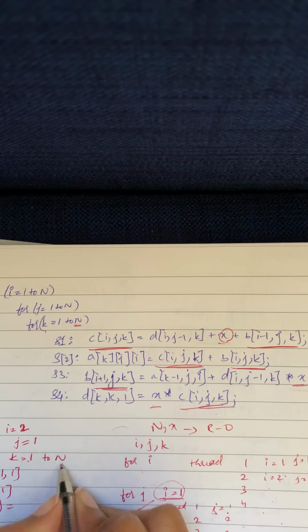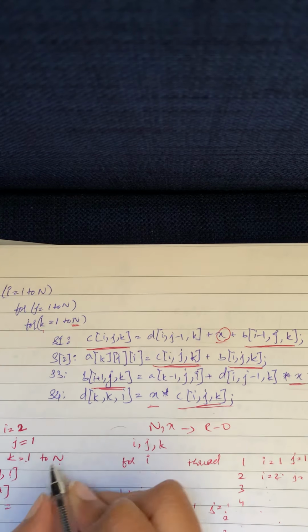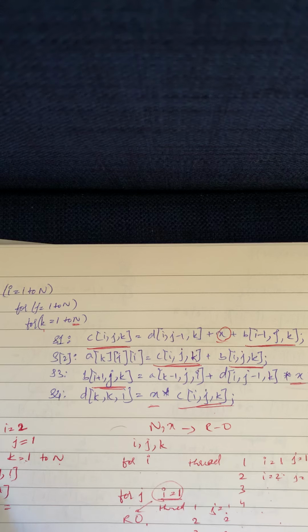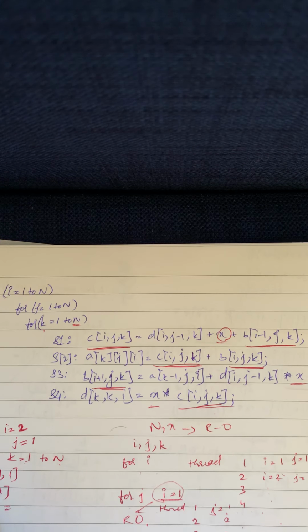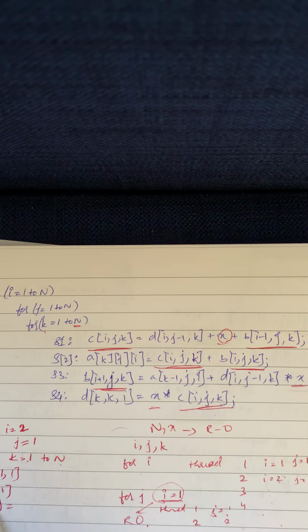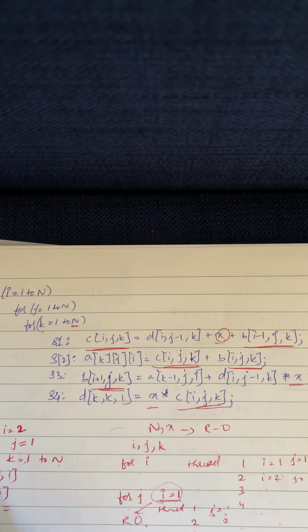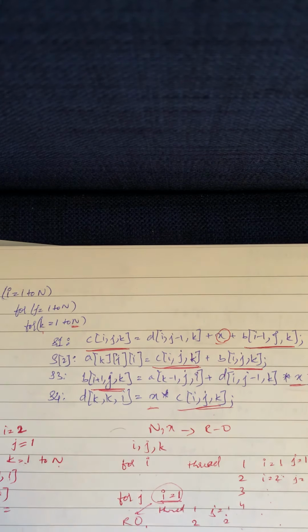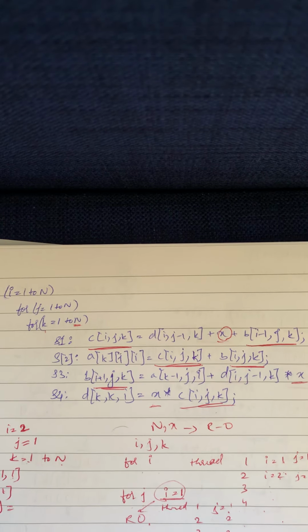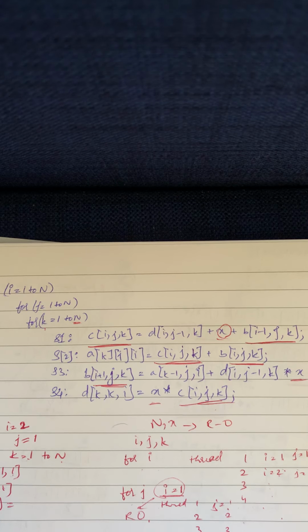As k goes from 1 to n, these are going to change, right? The i and j are going to remain constant. So k is 1, then k will be 2. So it will be 1, 1, 2, 2, 1, 2, 3, 1, 2, and so on, right? So B doesn't necessarily conflict on k.